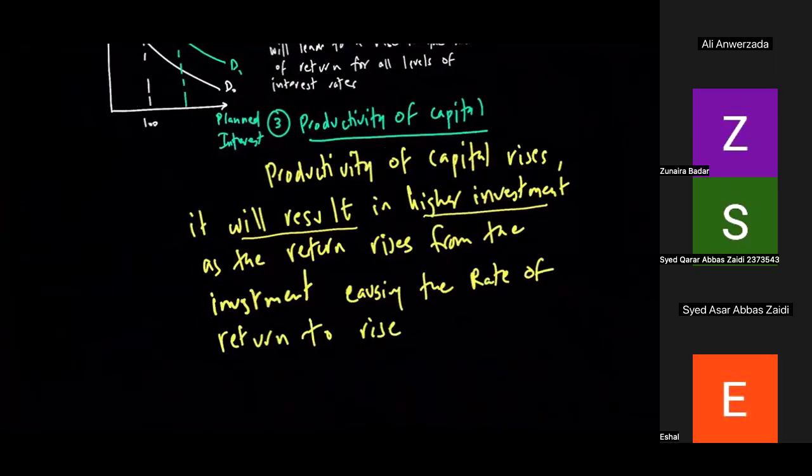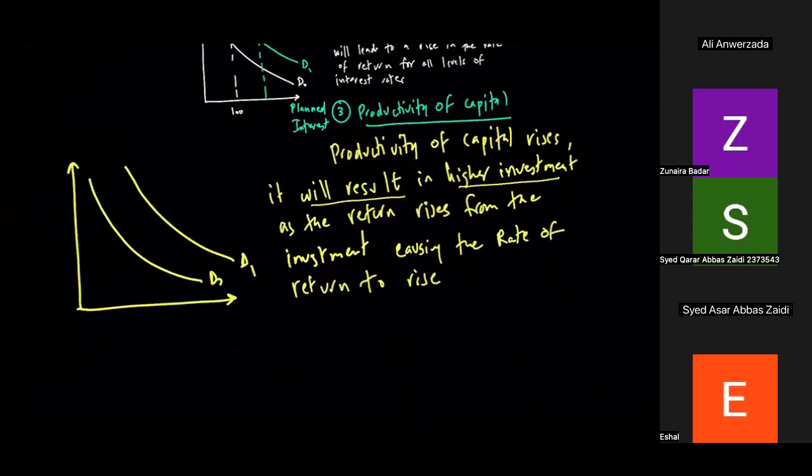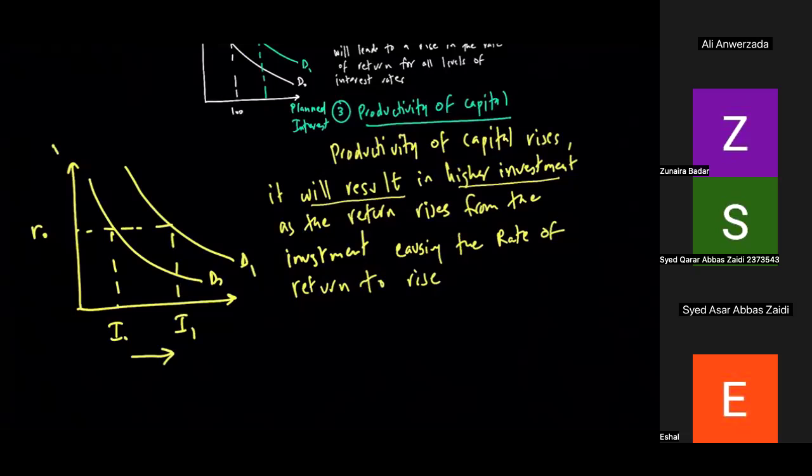And this rise in rate of return, guys, actually will result in, if you look at this demand for investment, for all levels of investment, you will invest more because if the interest rate was R naught, you were investing I naught, you will probably invest more because you will realize that the projects are giving you better return.